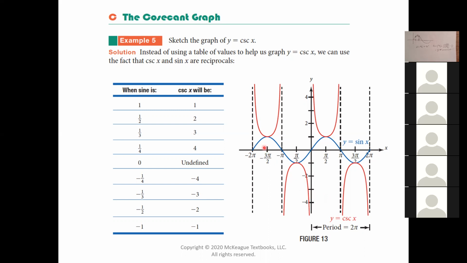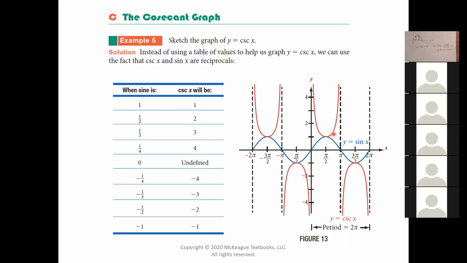So we can see here, ladies and gentlemen, that we have graphed 2 periods or 2 cycles of the cosecant function. If you were to then erase the blue graph, or the guide function's graph, the sine x function's graph, you would be left with the graph only in red. These red curves would represent the graph of y equals cosecant x. All right.